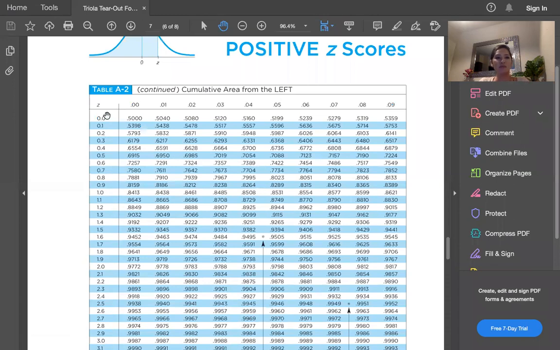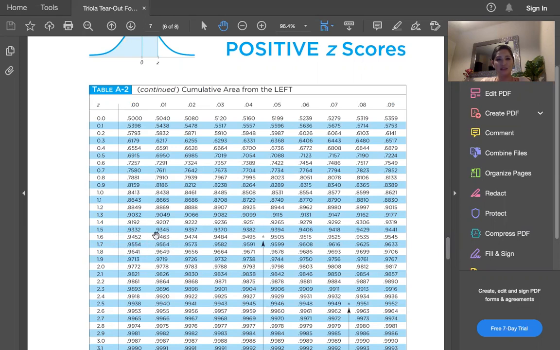So if somebody told me z equals 1.75, I would go to 1.7. I'd be looking in this first column. I find the 1.7 row, that's here. And then to get the hundredths place, I look at this top row. I'm really looking for a column. This is the area to the left of 1.70.